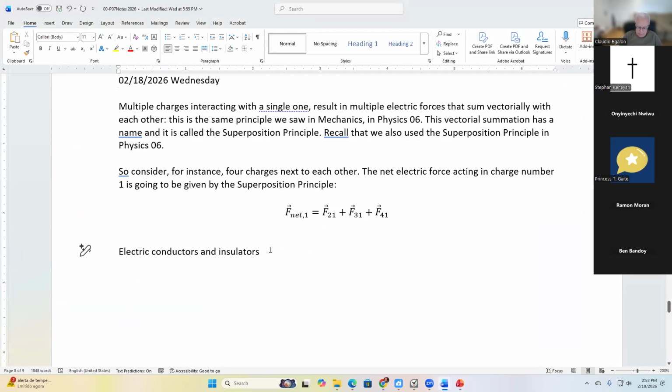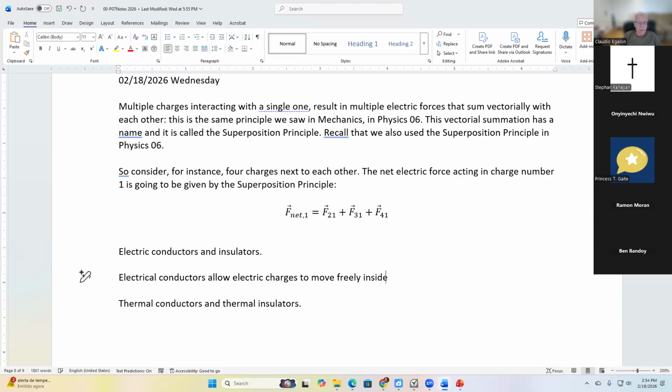Remember that in physics 6, we also have thermal conductors and thermal insulators. It's exactly the same idea that we had before. Electrical conductors allow electric charges to move freely inside them.